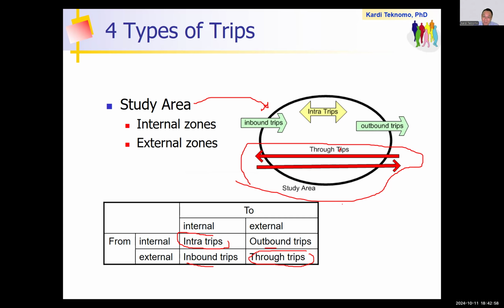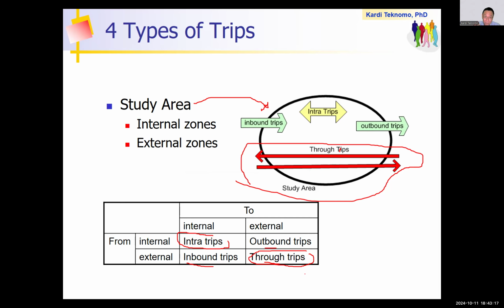So in that case, we want to know how much are the through trips. Can we divert these through trips, not going inside the city but outside directly, so that they can just pass?